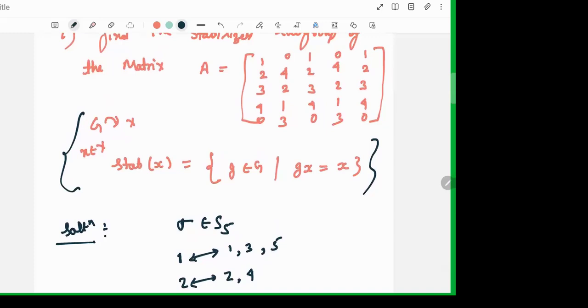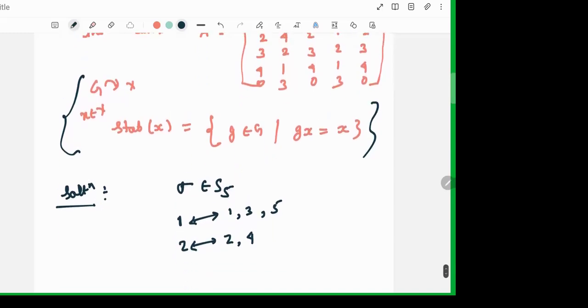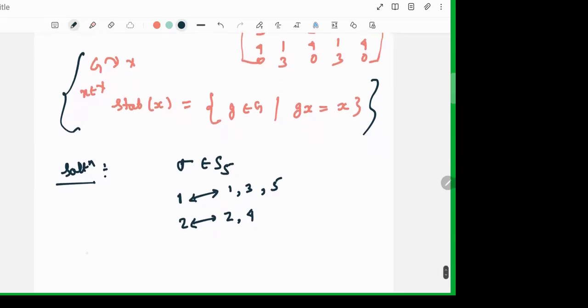Are you getting it? So now what are the possible permutations? One is obviously the identity. Can you write all possible permutations? One is the identity, under which the image of one is one, image of two is two, image of three is three, image of four is four, image of five is five, right? That fixes everything. So one permutation is the identity. What else?